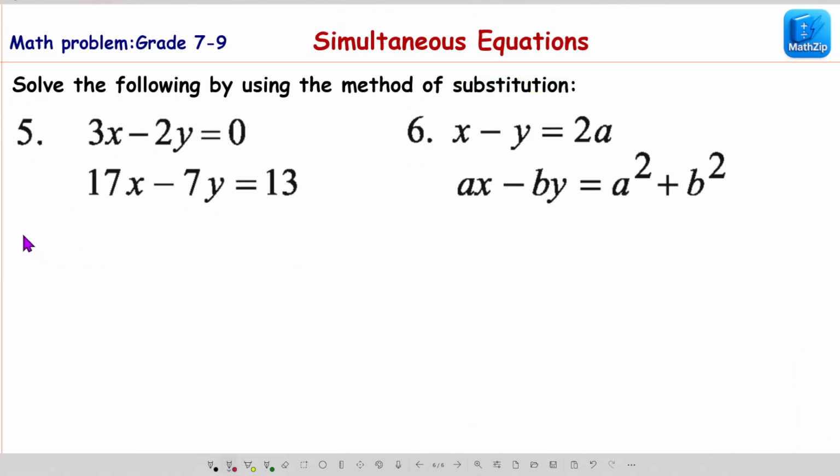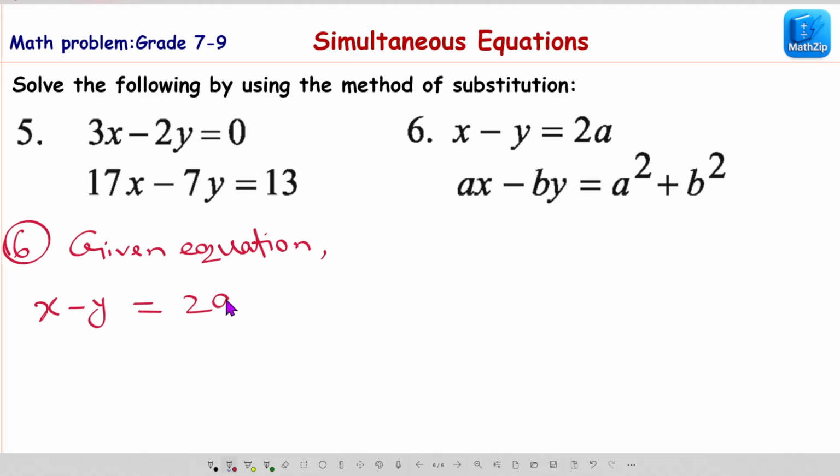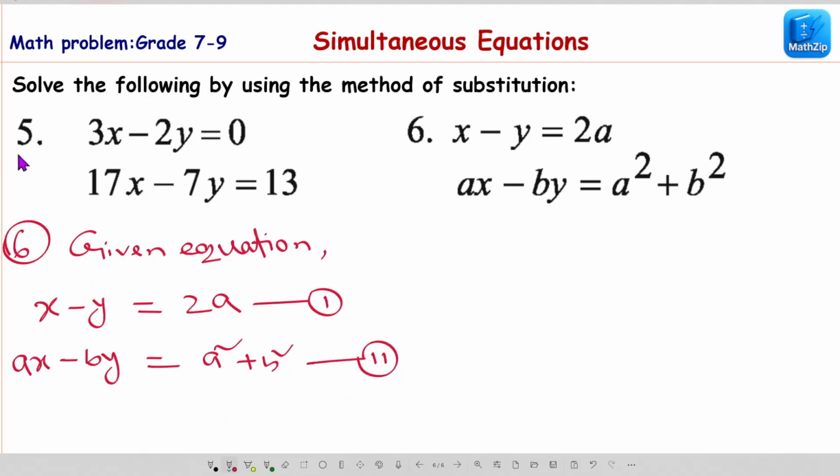Number 6, given equations: x minus y equals 2a, this is equation 1. Then ax minus by equals a square plus b square, which is equation 2.